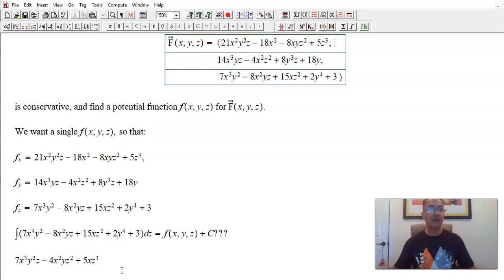The derivative is 15 x z squared. How about this one? There's no z there, no z there, so we are going to get extra z's for both of those terms. So that is our first preliminary answer for little f of x, y, z.